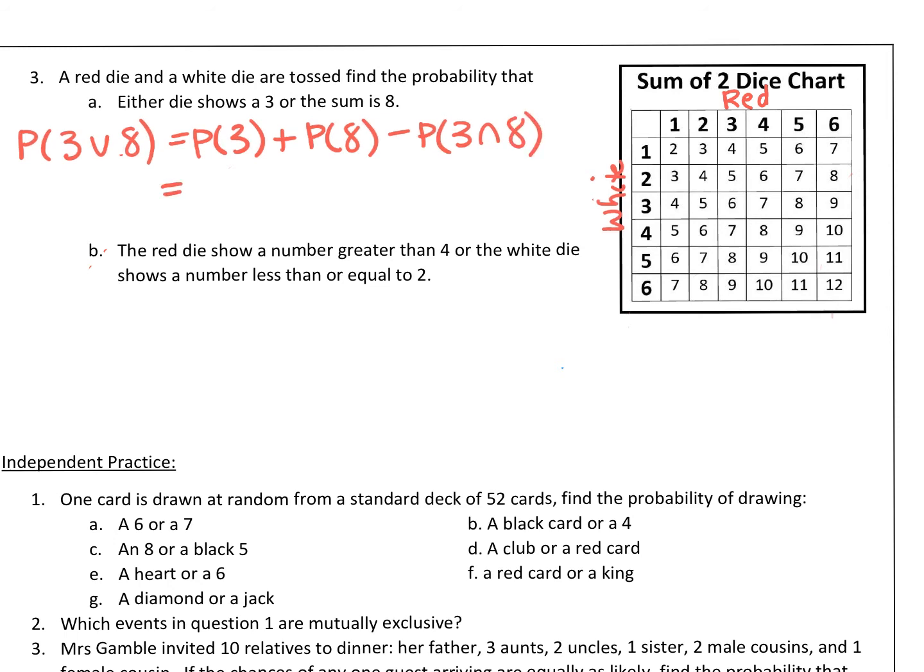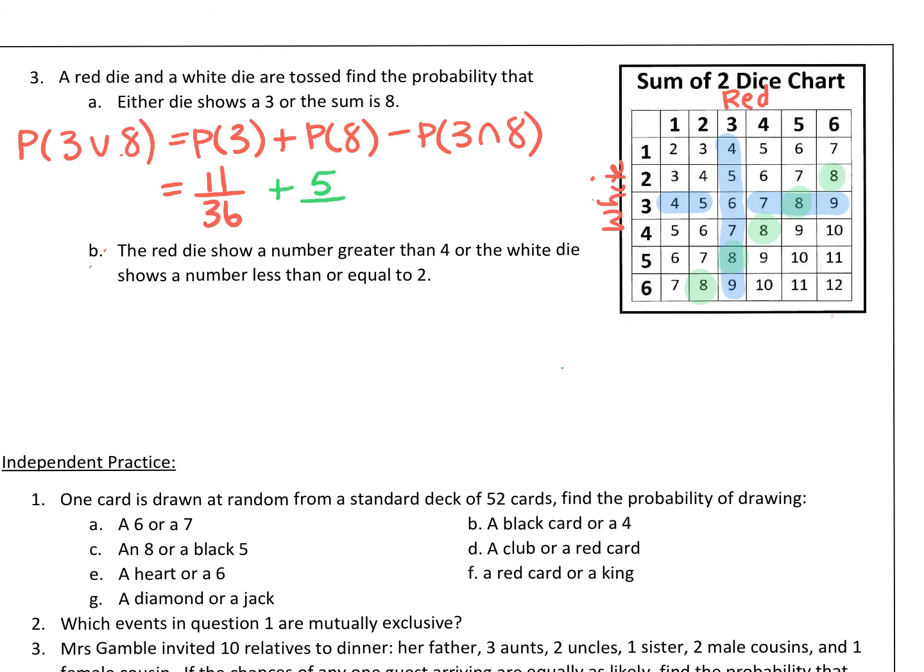If we think about our chart here, the probability that either shows a 3, well, that would be these 6, 7, 8, 9, 10, 11. So there's 11 altogether outcomes out of the 36 where either of them is a 3. Getting a sum of 8, there are 1, 2, 3, 4, 5.